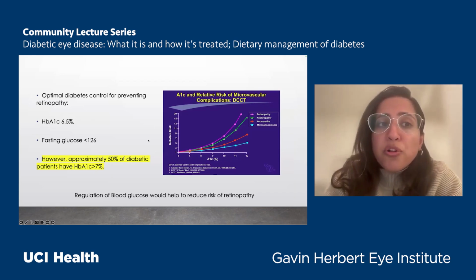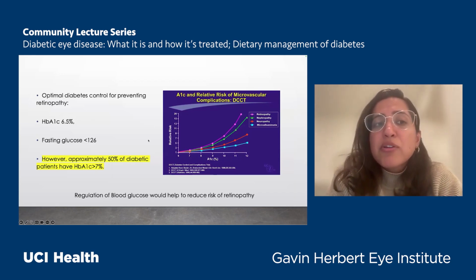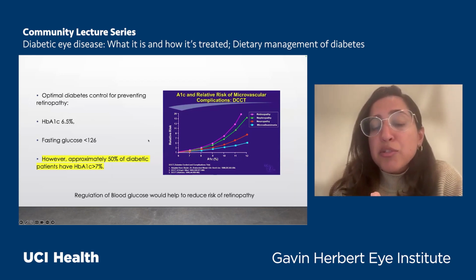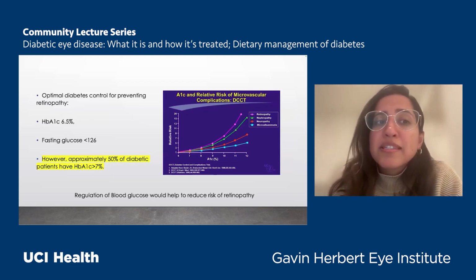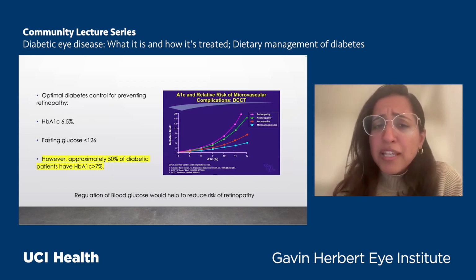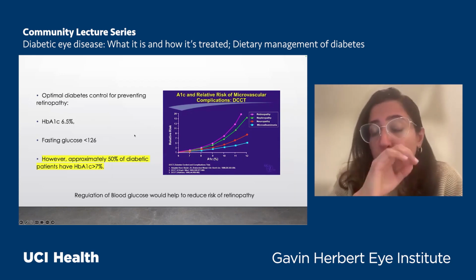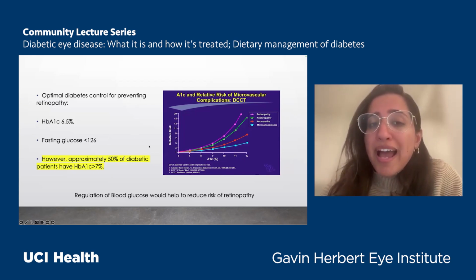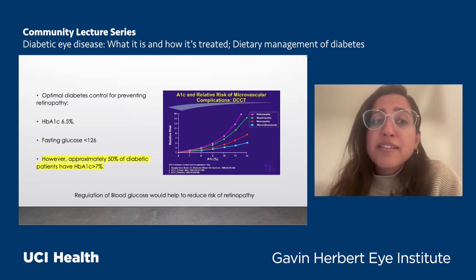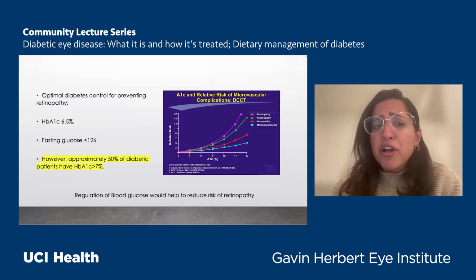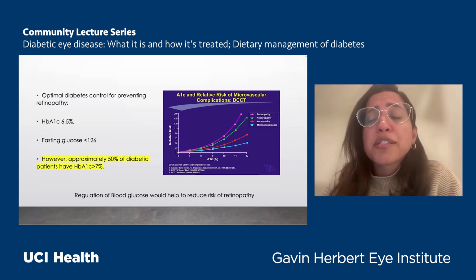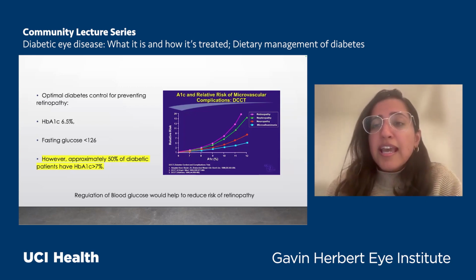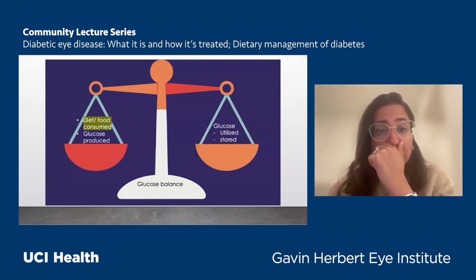And so the optimal A1C goal to prevent complications like retinopathy is 6.5% or less than 7%, or a fasting plasma glucose less than 126. But about half the patients with diabetes have an A1C greater than 7%. And that's why I want to talk about how we can regulate our blood glucose besides medications. This would help to reduce the risk of complications.